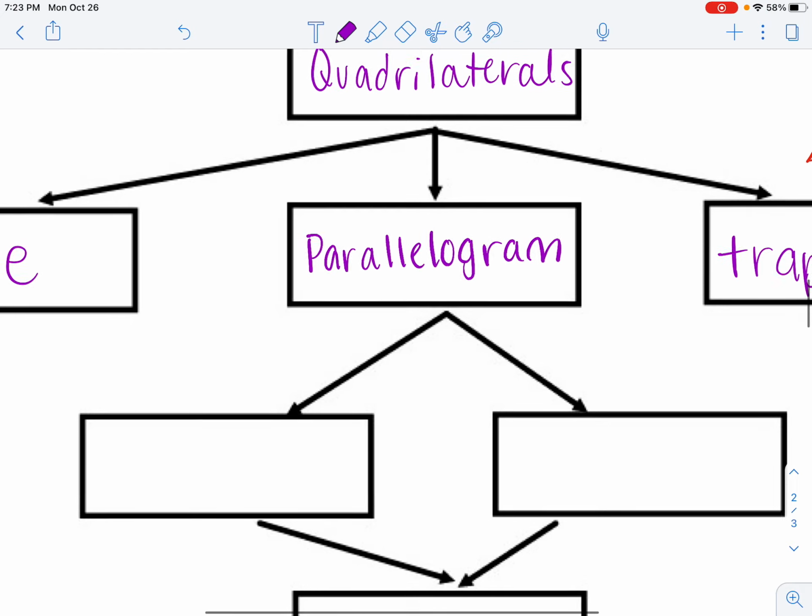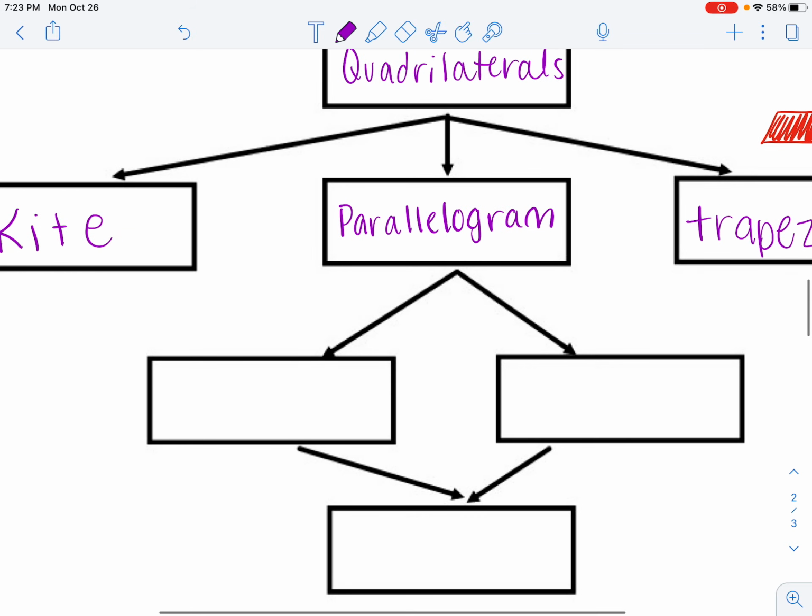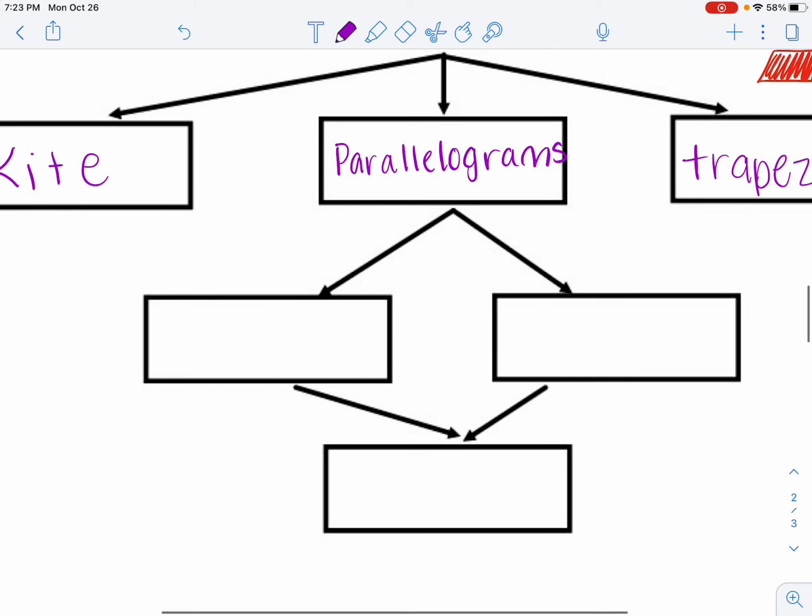So one specific type of quadrilateral is the parallelogram. And then we have some even more specific parallelograms that we have learned about. One of which is a parallelogram that has 4 congruent sides, which is the rhombus. And then another specific type of parallelogram was a parallelogram that had 4 right angles.